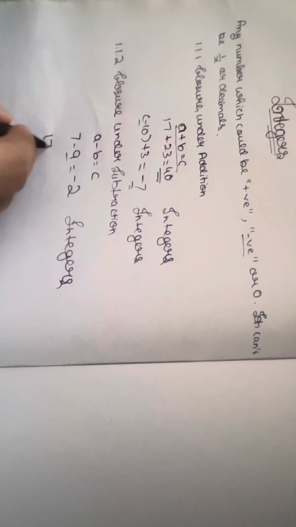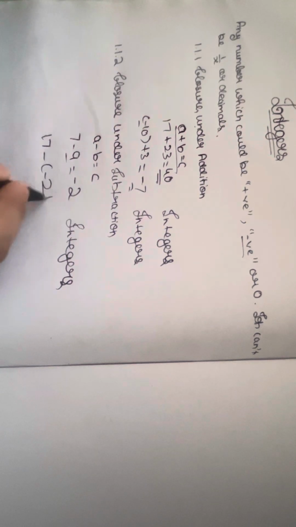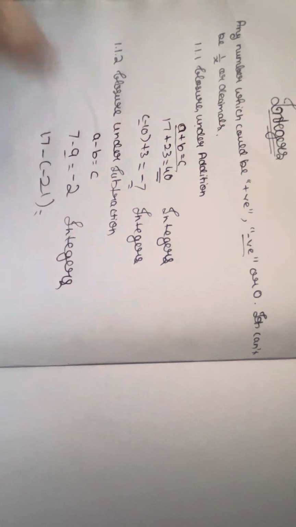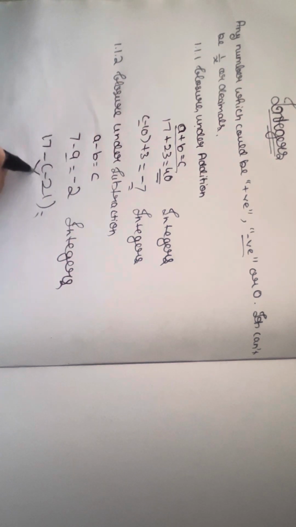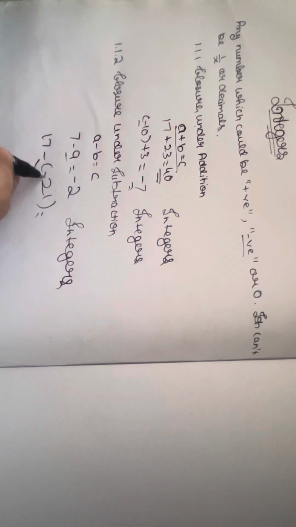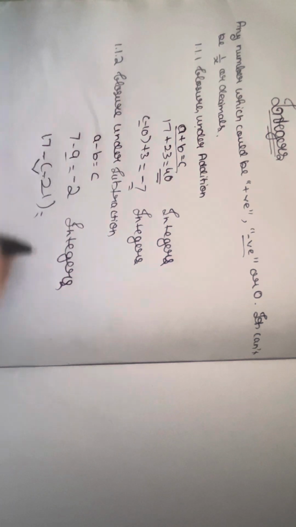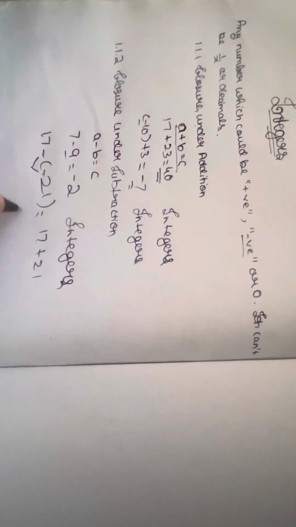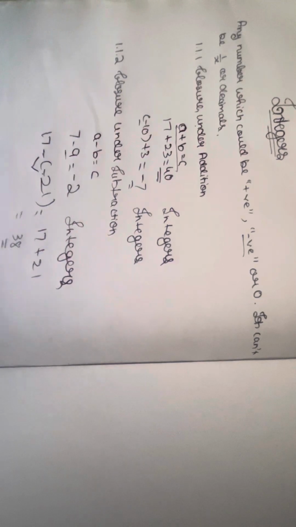Likewise, 17 minus 21, if we are taking this, here the answer won't be minus, because here minus are at two places, which is in multiplication basically, so minus and minus creates it as 17 plus 21. So the answer would be 38, which is again an integer.